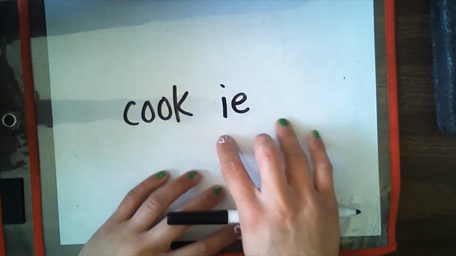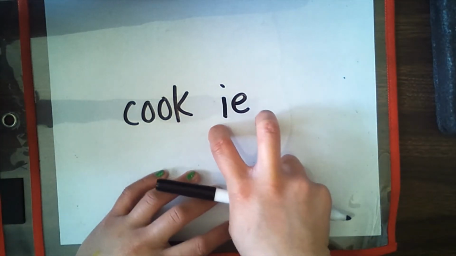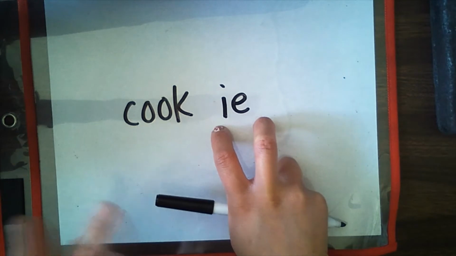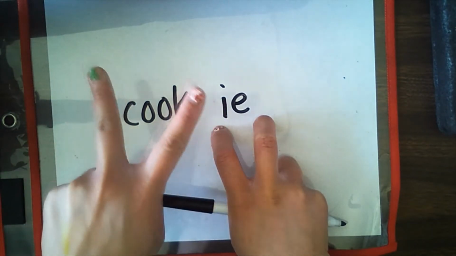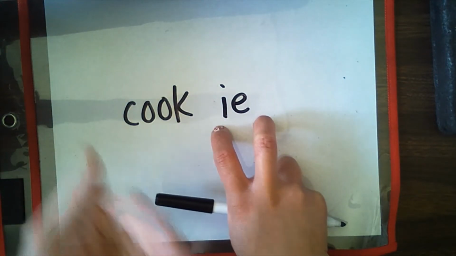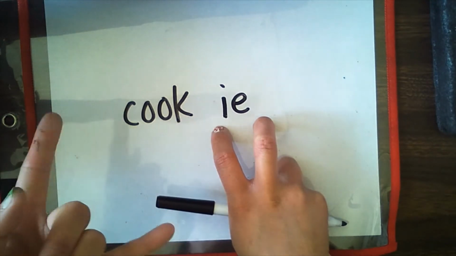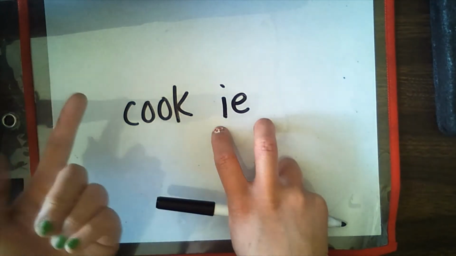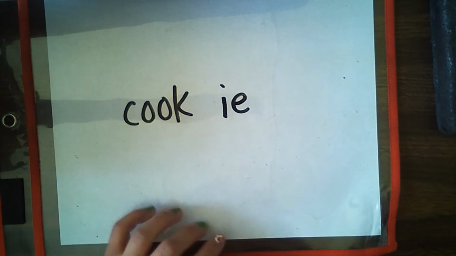My friends, so at the end here, this is going to make a long E sound because cookie has two syllables. So if we have a long E sound at the end and it's more than one syllable, we can also use the IE spelling to help us.